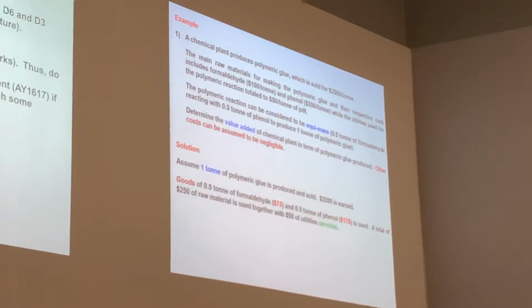So 0.5, so it's $75 and $175 of phenol and formaldehyde each. 1 ton of product is $50 of utility. So all this added together, 175 plus 175, is your goods. Your goods will be $250. And then your utility is $50. So there will be a cost of goods and raw material. Your sales is this much. So your value added is 2002.